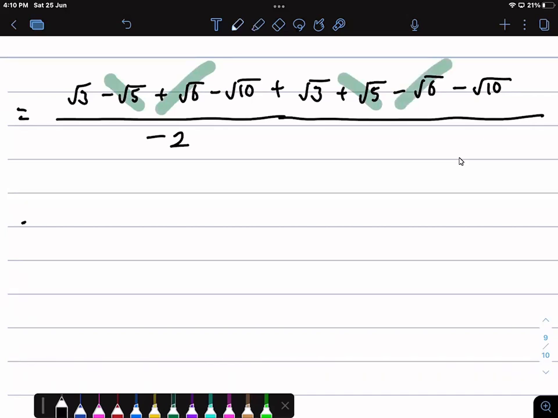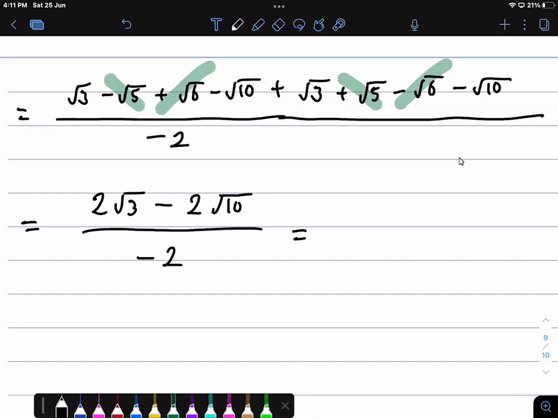That's it. Then we get 2 copies of root 3, and minus 2 copies of root 10, over -2. Another way that we can simplify this is to factor out a -2. Then we'll get negative root 3, positive root 10, all over -2.